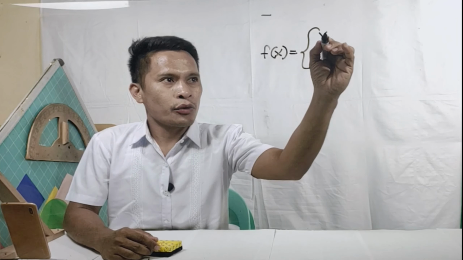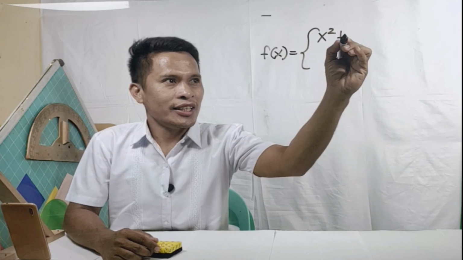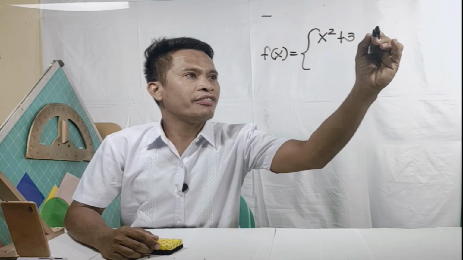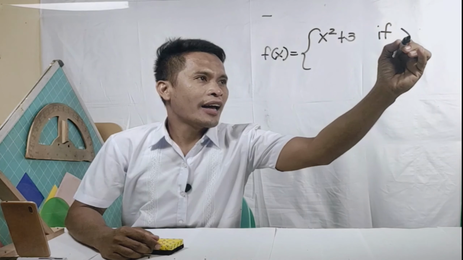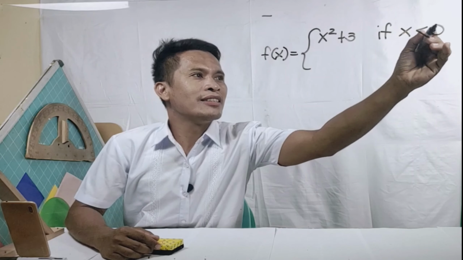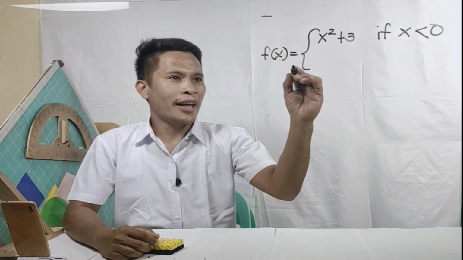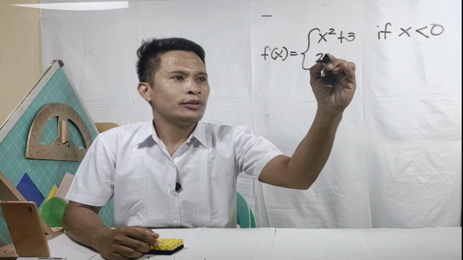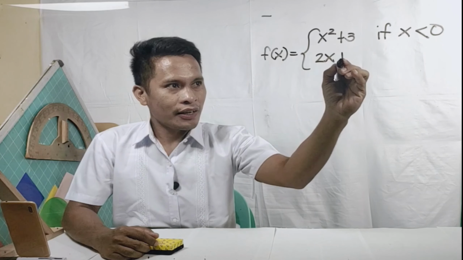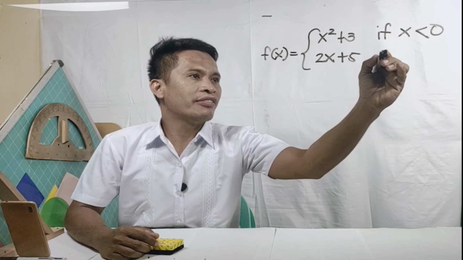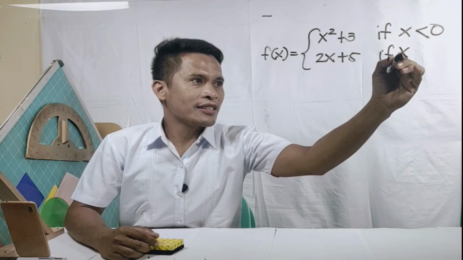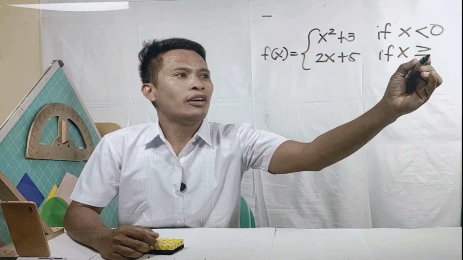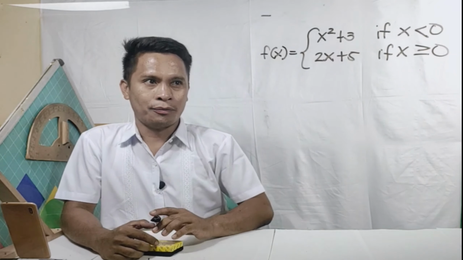Let's try to solve this piecewise function. F of x equals x squared plus 3 if x is less than 0, and 2x plus 5 if x is greater than or equal to 0.